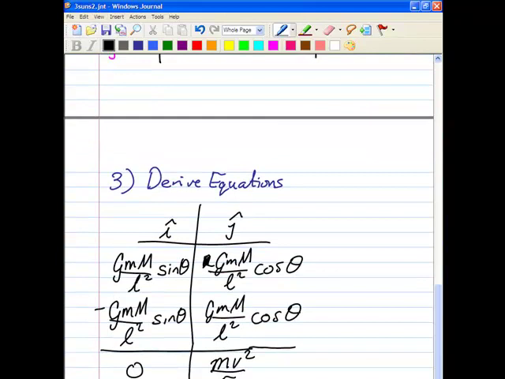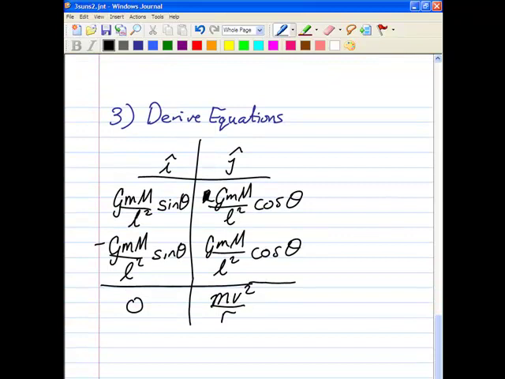Okay, so we've derived some equations. We started to derive some equations by breaking everything up into components. Let's see if we can solve for this.